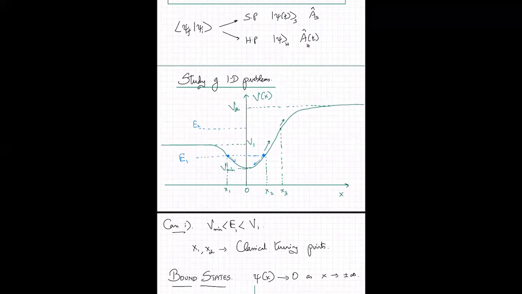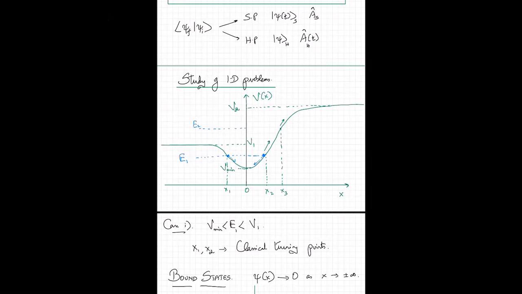Remember, in the first case, the particle has a turning point on the right and a turning point on the left. But in this particular case, as the particle comes back, it sees no obstruction because it has a lot of energy, much more than the value of the potential at all points along the negative x-axis. So it will just keep going merrily along its way. There is nothing stopping the particle.